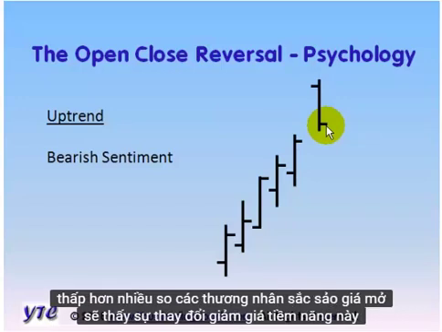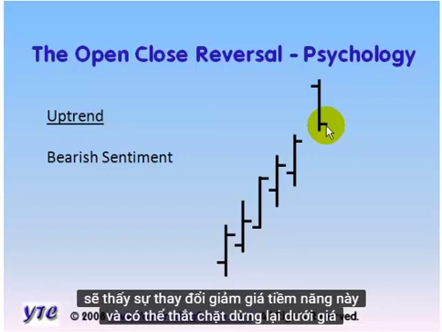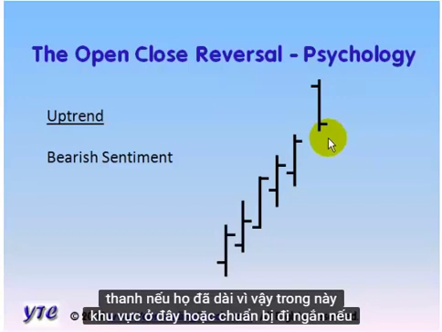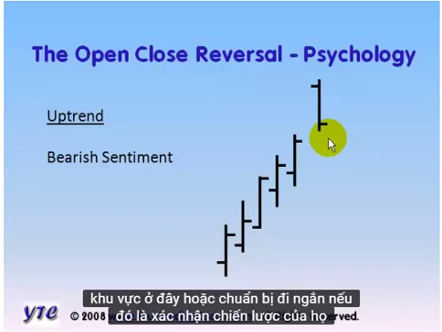Astute traders will see this potential bearish change and may tighten stops up below the price bar if they're already long, so in this area here, or prepare to go short if that's their strategy.